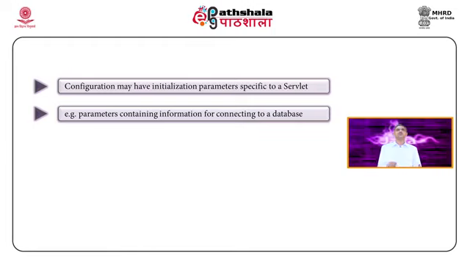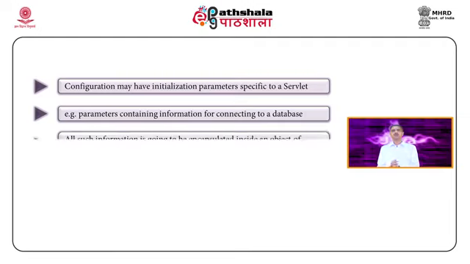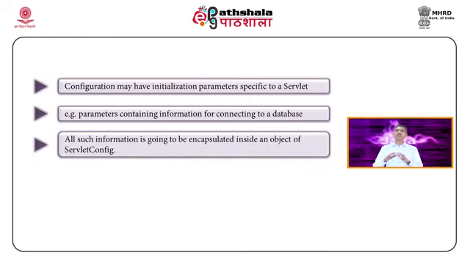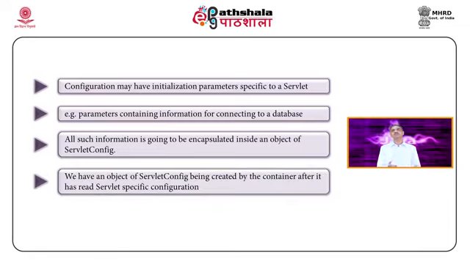So we may have to use some configuration information made available to our servlet object. All such information is encapsulated inside an object of ServletConfig. So the container creates a ServletConfig object after it has read from the configuration.